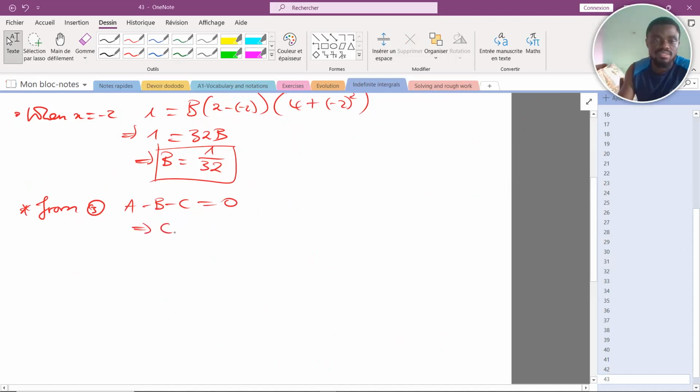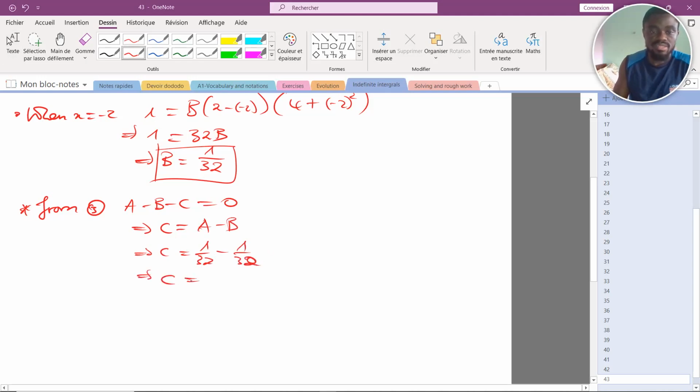This implies c will simply be equal to a minus b. This implies c will be equal to 1 on 32 minus 1 on 32. So this implies our c is equal to 0. You have already c.